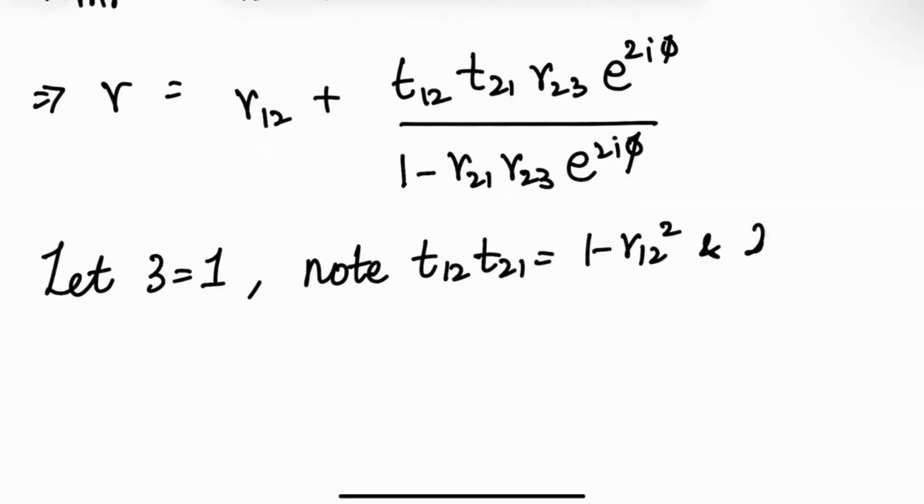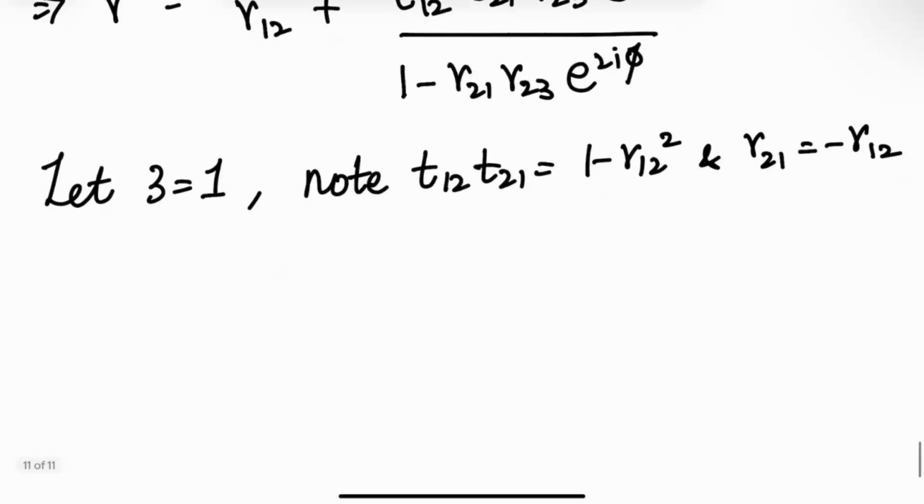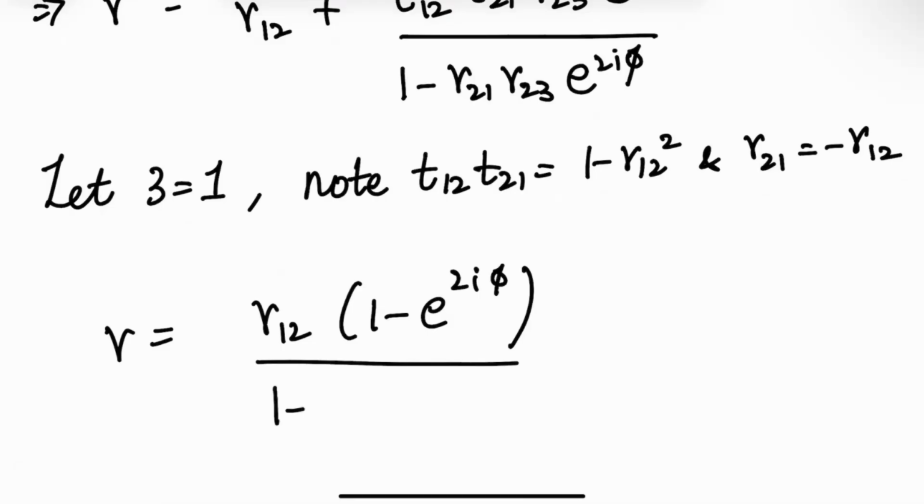And of course, R21 is nothing but minus R12, because eta 2 and eta 1 get switched when you write down the reflection coefficients. If you do all of this, you end up with the reflection coefficient R simplifying to R12 (1 minus e^{2i phi}) divided by 1 minus R12 squared e^{2i phi}.